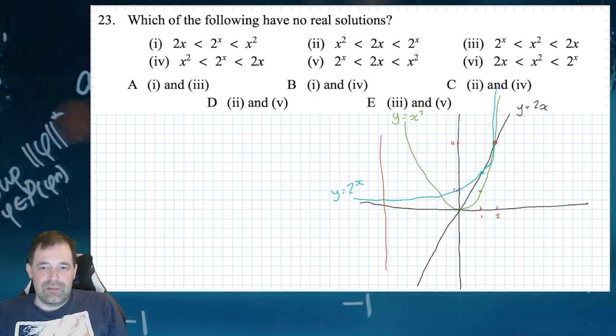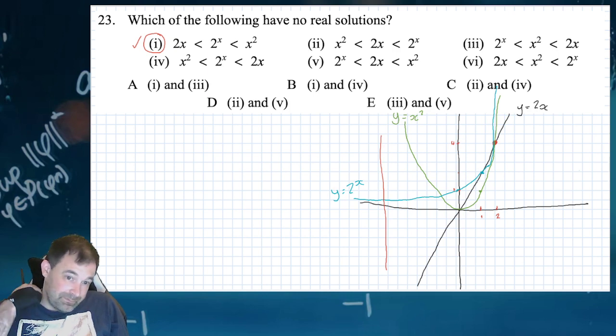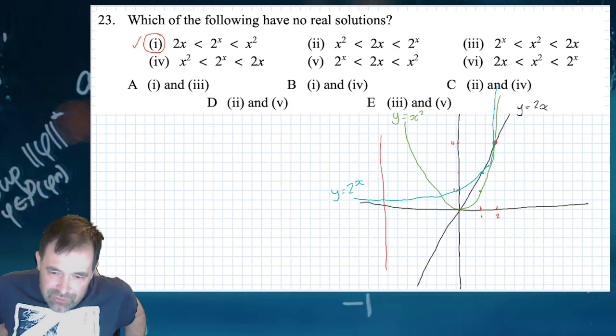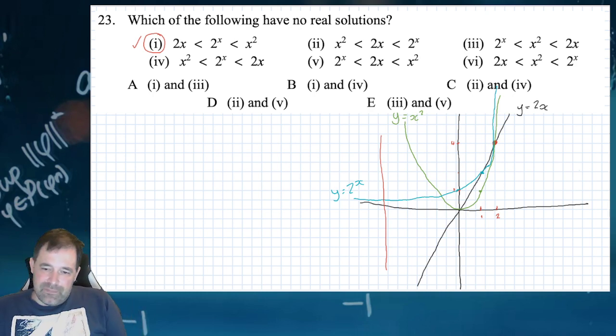So that's this one, and that one is true for the bit where my red line is. And then we have some overtakage in this area here. We have a different order. We have the largest one being y equals 2x, then x squared, then y equals 2 to the x. So that's that one there.